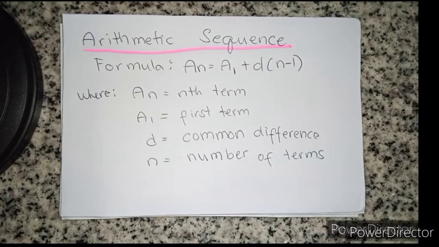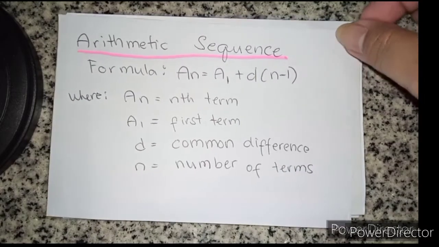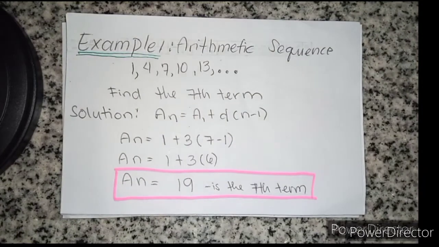So let's have an example. We have example number 1. We have a set of 1, 4, 7, 10, and 13, so on and so forth. We need to find the seventh term of this set.